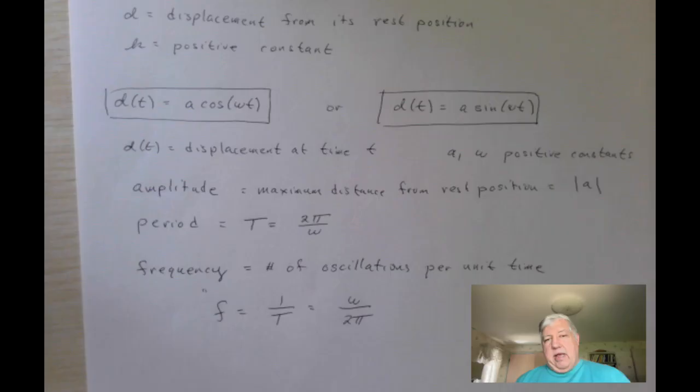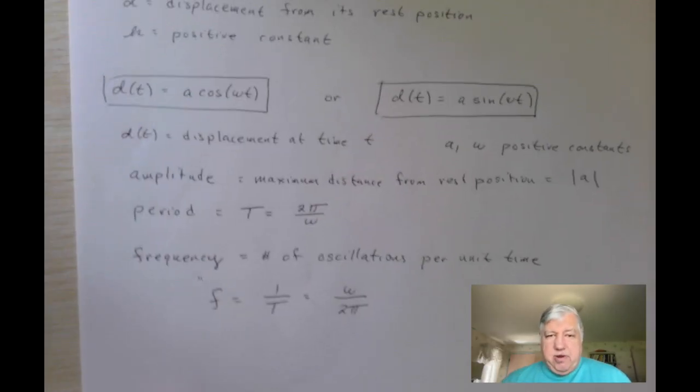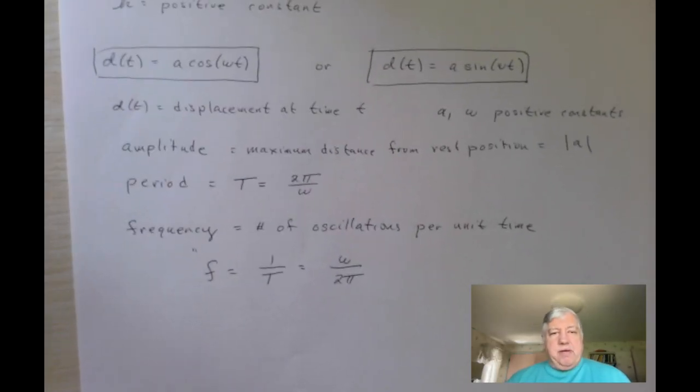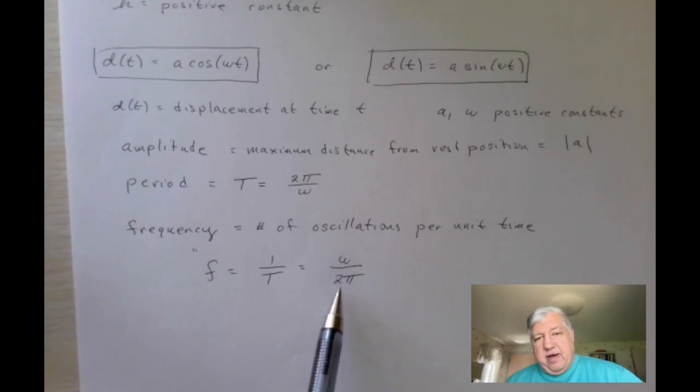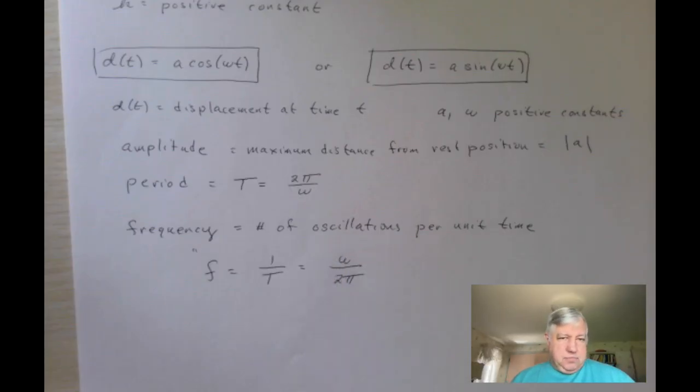The frequency is the number of oscillations per unit time, the number of cycles for a given period of time. The frequency is always 1 over the period, which in this case is omega divided by 2 pi.